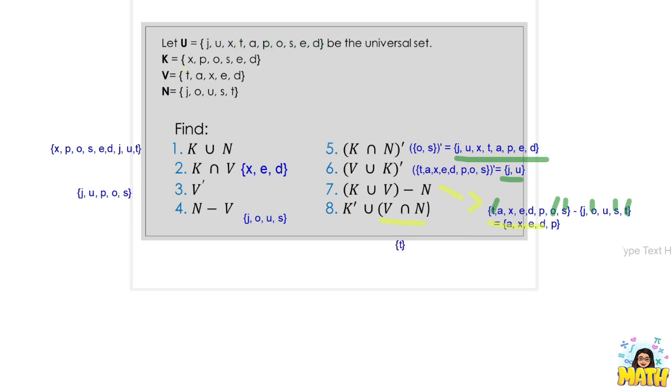Letter T lang. Next, i-unite natin siya at K prime. So meron na tayong X, P, O, S, E, D. Ano na lang ang natira? J, U, T, and A. So now, we unite this to set T. Hindi pwedeng maulit ang mga elements. Therefore, ang final answer ay ito.